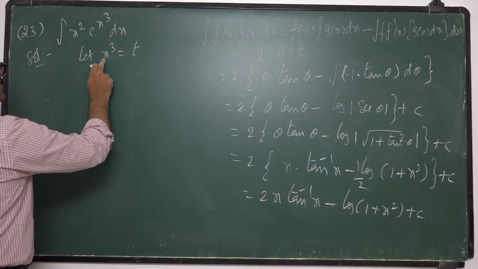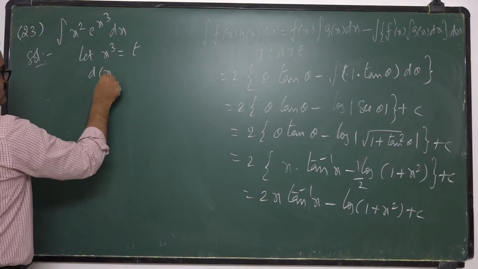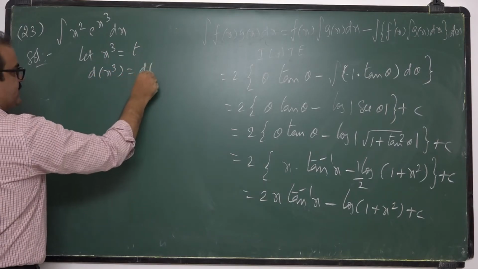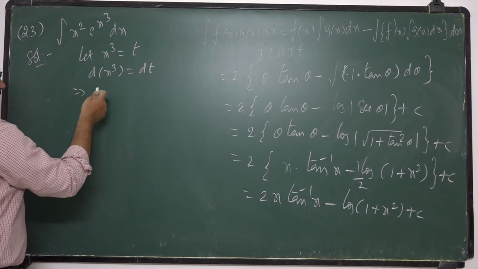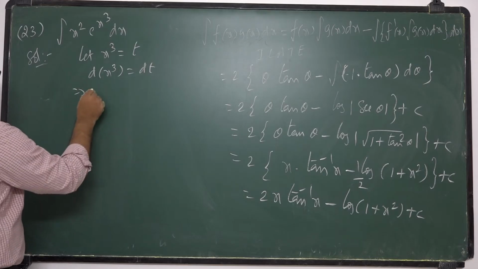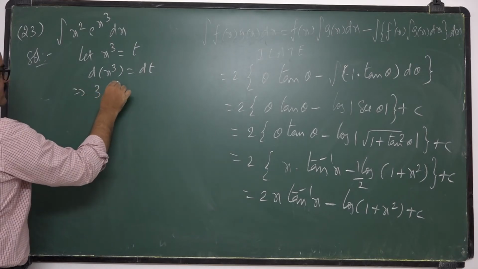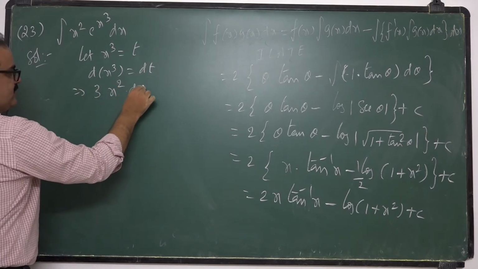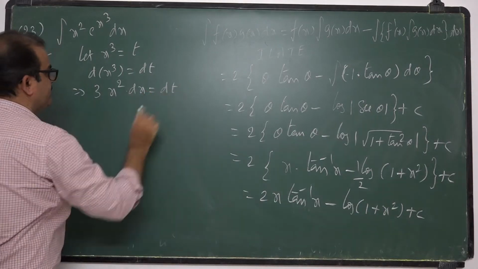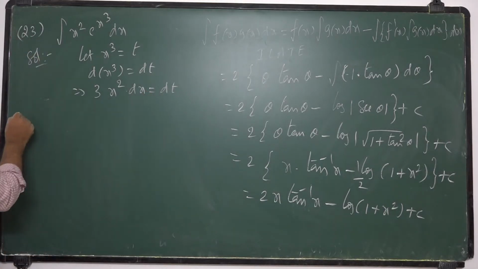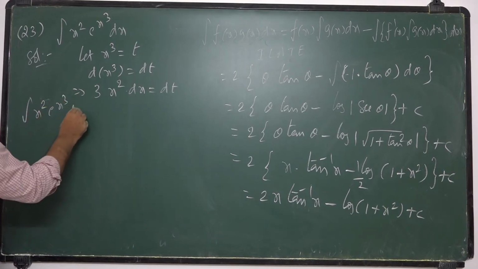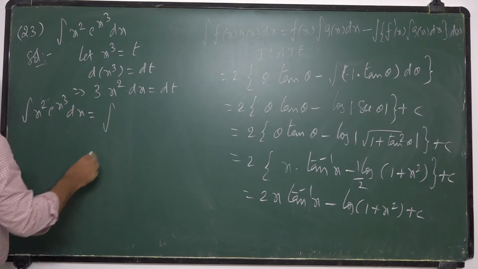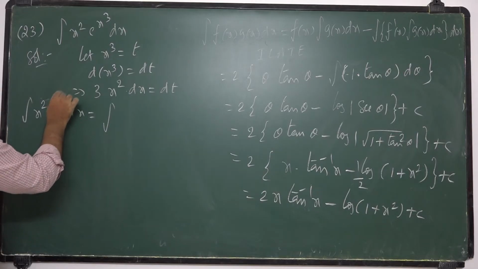What is the derivative of x cube? That is dt. It is in the form of x power n, that is n into x power n minus 1. Here it is 3 into x square into dx, that is equal to dt. Now the integral is equal to integral of e power t, since x cube is taken as t.